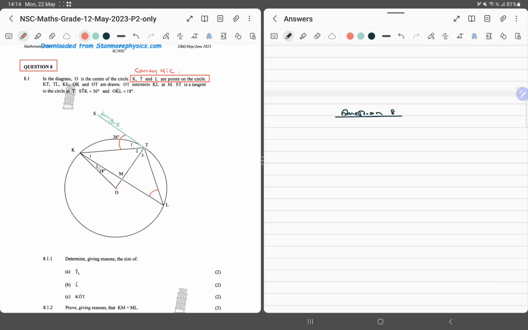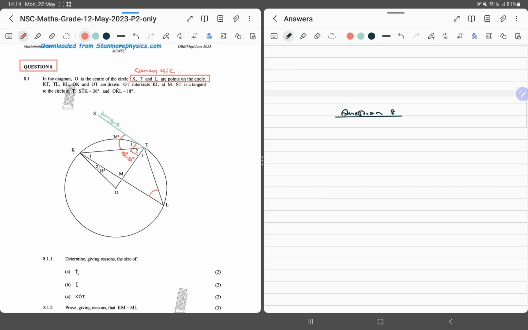Number 2, if this is the center and that is the point at the circumference, the angle between the tangent and the radius is always 90 degrees. This already tells you and me that this angle right here is going to be 90 minus 36.